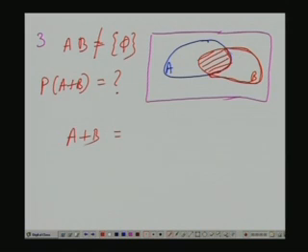Are you following me? That is, take A as it is and do not take entire B, but take only this part of B. That means A plus B can be written as A union this side.